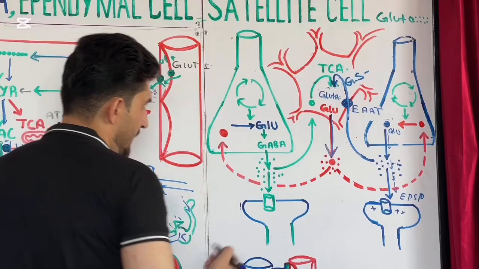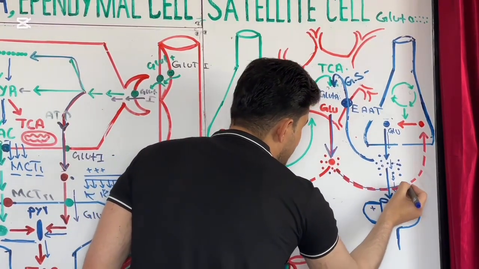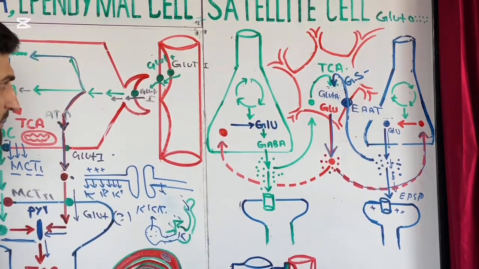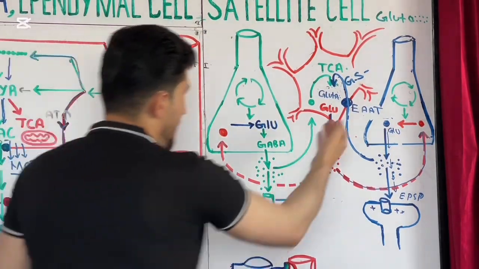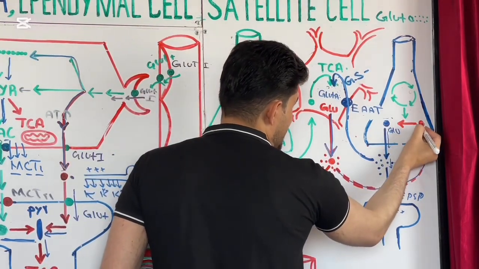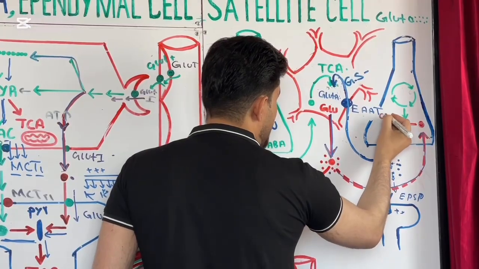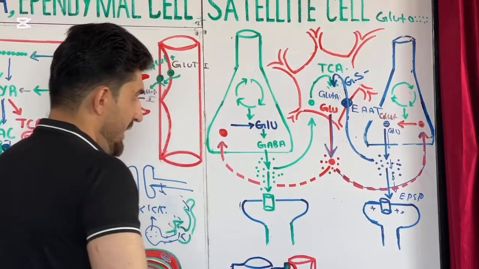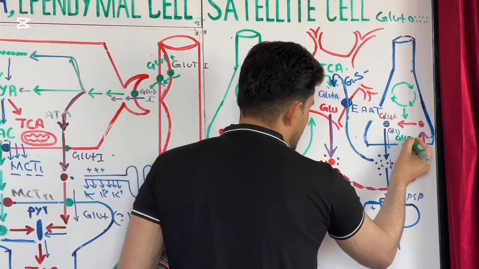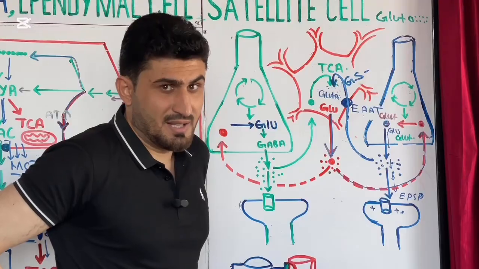Now this glutamine will be absorbed back by this glutamatergic neuron, and within it this glutamine will once again be converted to glutamate. Here the enzyme is glutaminase, and there the enzyme was glutamine synthetase.